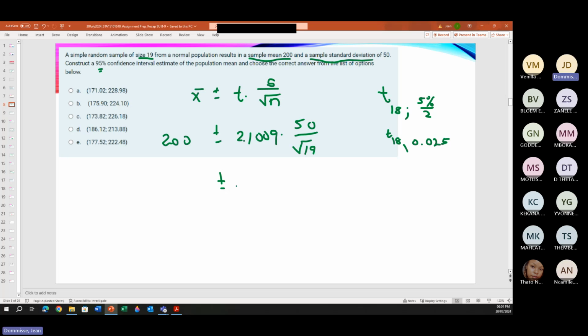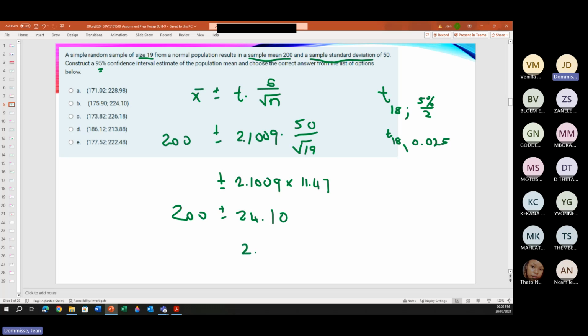So if I multiply 2.1009 times 11.47, we get a plus minus 24.099. I want to round it off to 2 decimals, so it will be 24.10.